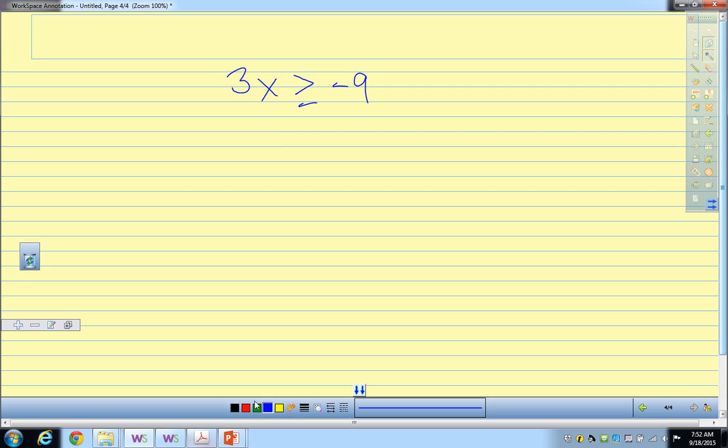Divide by 3. Do I flip the sign in this case? No. If I divide a negative number by a positive number, I don't flip the sign. Only when you divide or multiply by a negative. People always say, there's a negative and a positive, I have to flip the sign. Not true. You only flip it if you're dividing or multiplying by a negative.